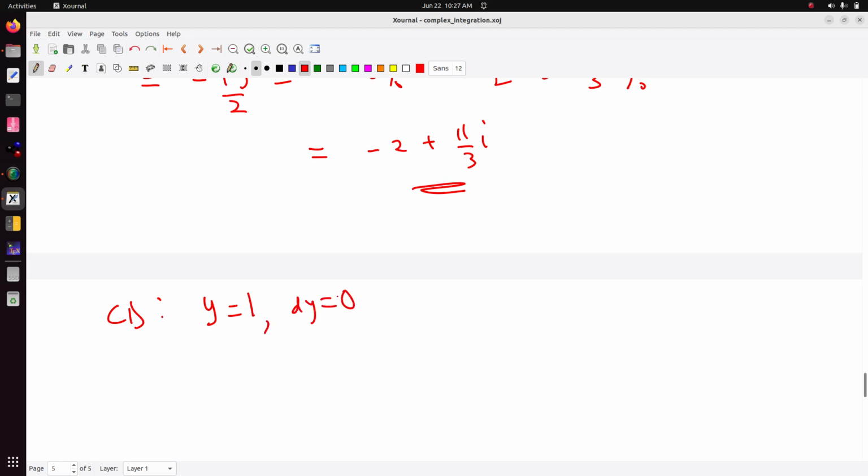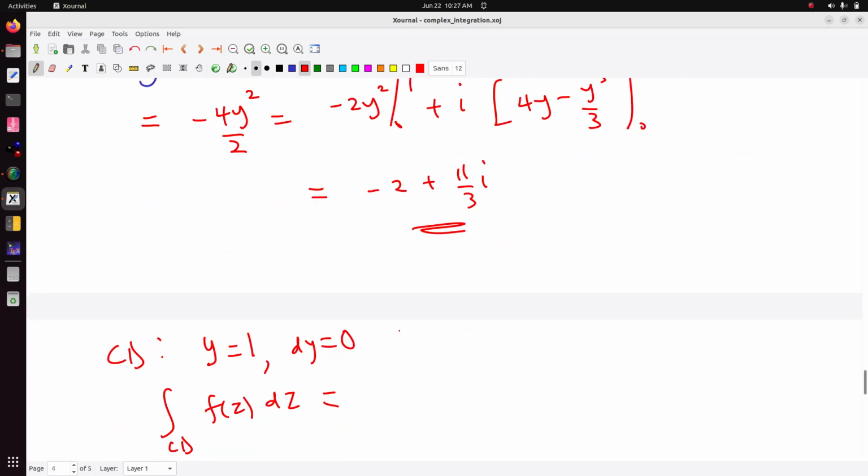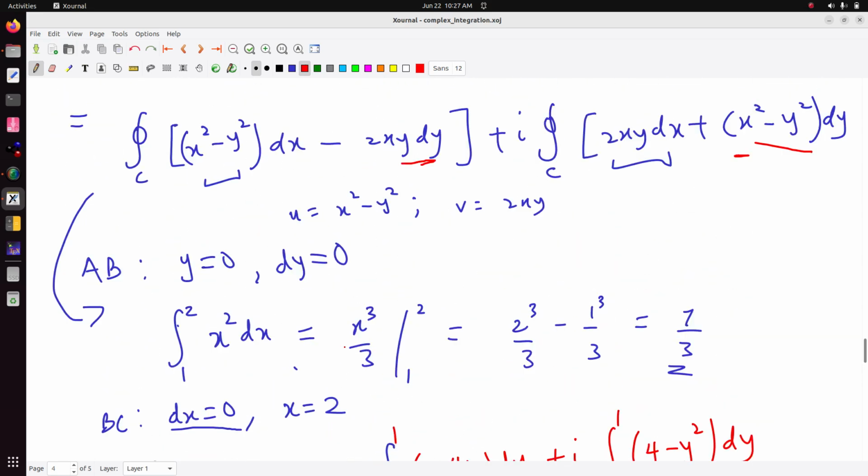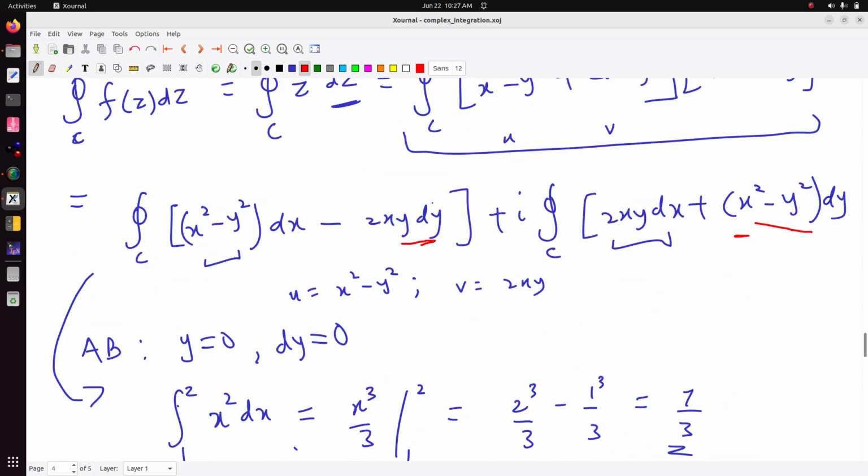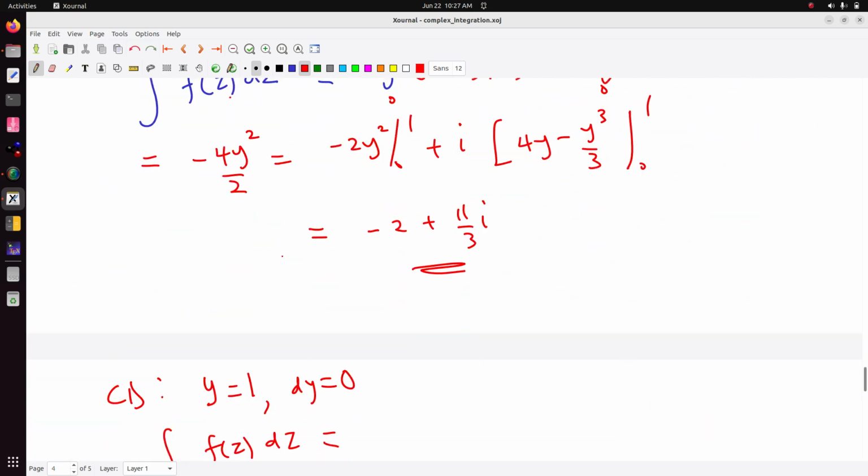So the integral for the CD case, of f of z dz, will be as follows. All the terms with dy will be 0. So this term will be 0, this term will also be 0. You now consider 2xy dx and x squared minus y squared dx.